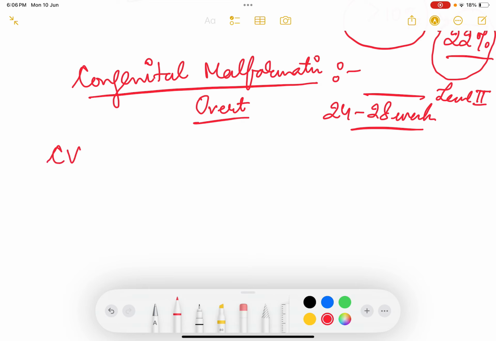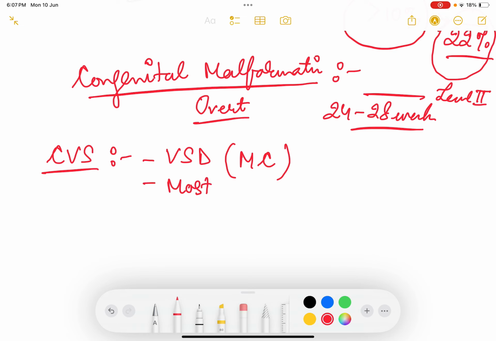So coming to the cardiovascular system. Cardiovascular system may always remember, the most common defect is VSD. Ventricular septal defect is the most common cardiovascular anomaly which is found in patients of infants of diabetic mothers. Okay, VSD is most common, whereas most specific disorder, congenital malformation in the CVS is transposition of great vessels.